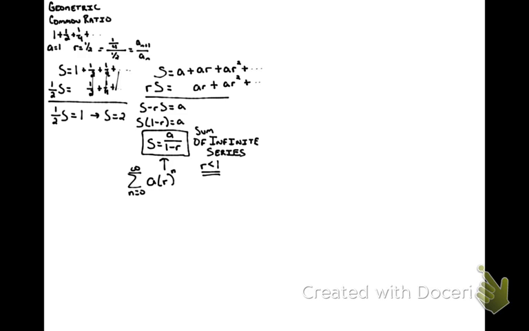Then you can know quickly whether or not you have a sum, whether this converges or diverges, right? If r is less than 1, this thing will converge. If r is greater than or equal to 1, then the geometric series will diverge.